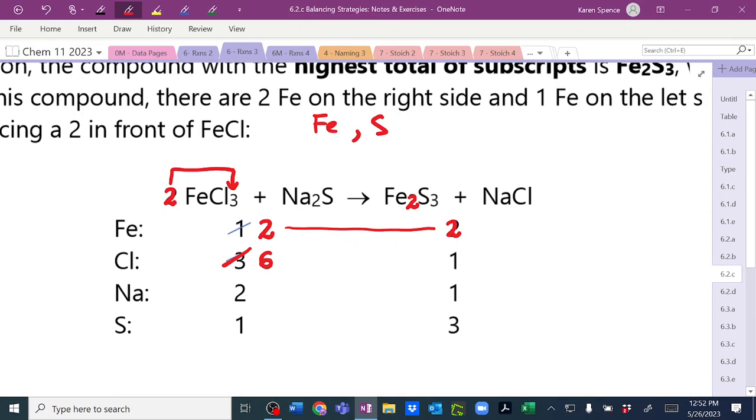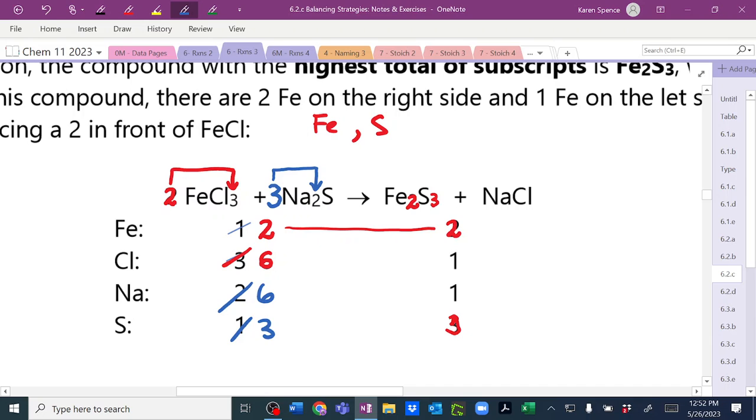The sulfur, the other part of the most complex compound. So let's do sulfur. We have 3 sulfur on the right, so let's make sure we have 3 sulfur on the left. That changed our sulfur to 3, but it also changed our sodium to 3 times 2 is 6.